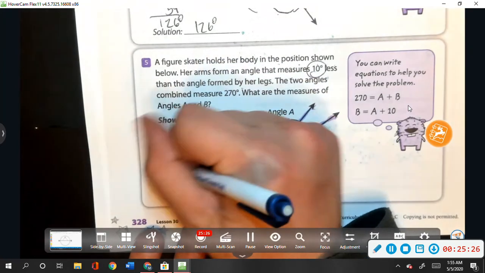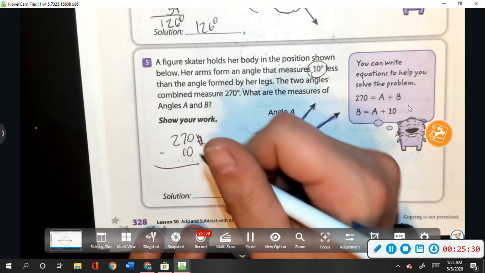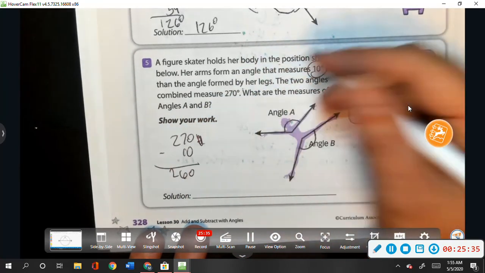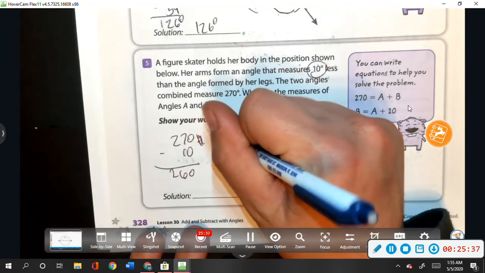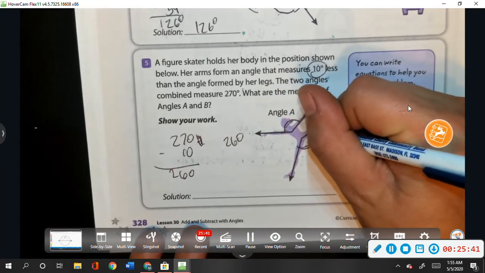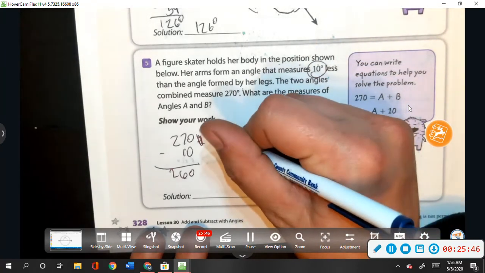That's the first thing that they really tell us to do. That gives us 260. And then now both of our angles should be the same. We took 10 degrees from it, so both of our angles should be the same now. We can just divide this by 2.